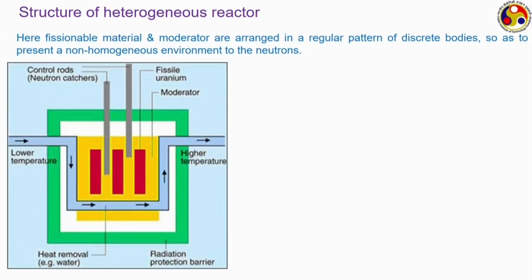Here the red blocks are actually fuel, which are surrounded by moderator, this yellow colored one, from all possible sides. The coolant, this blue line, is flowing through the reactor core, and therefore all the energy that has been generated because of the fission reaction is taken by this coolant stream.